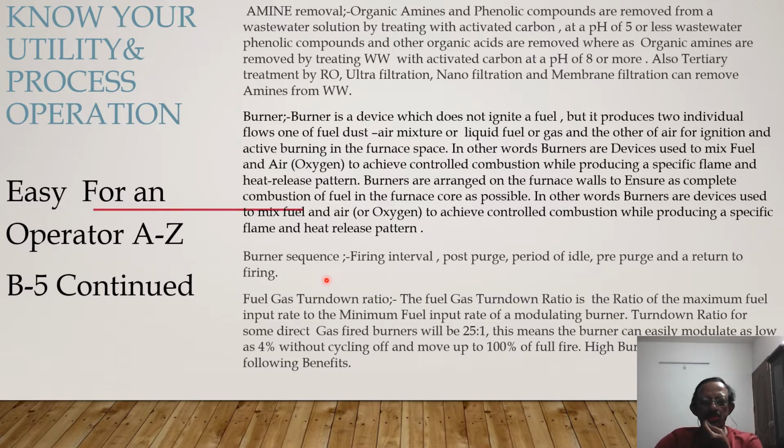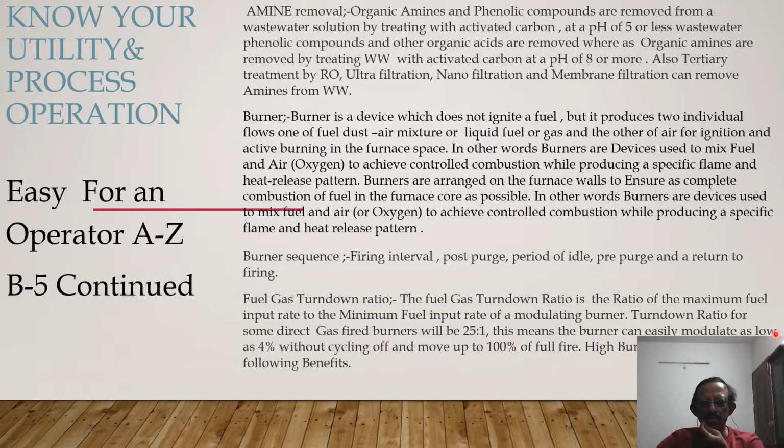We can see the answer for the fuel gas turn down ratio. The fuel gas turn down ratio is the ratio of the maximum fuel input rate to the minimum fuel input rate of a modulating burner. Turn down ratio for some direct gas-fired burners will be around 25:1.